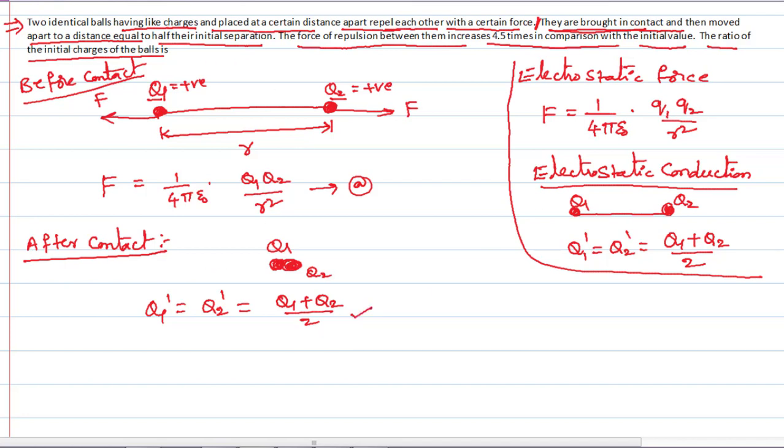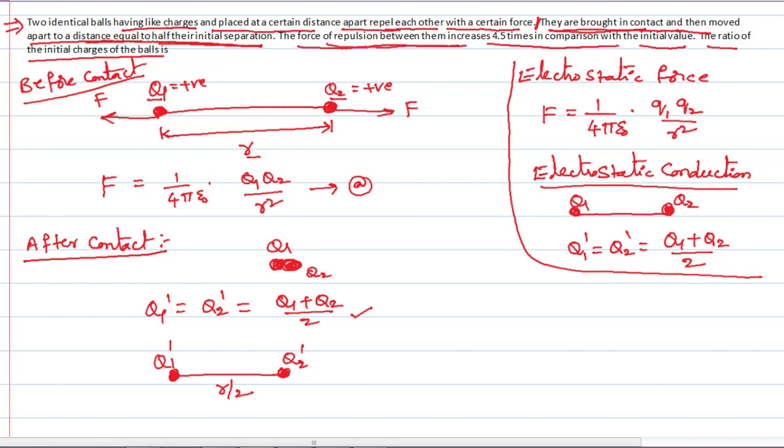Now what they mentioned is that after they are brought in contact and then moved apart to a distance equal to half of their initial separation. The initial separation is R. After contact, these charges become Q1 dash and Q2 dash, both separated by a distance R by 2, half of the initial separation.